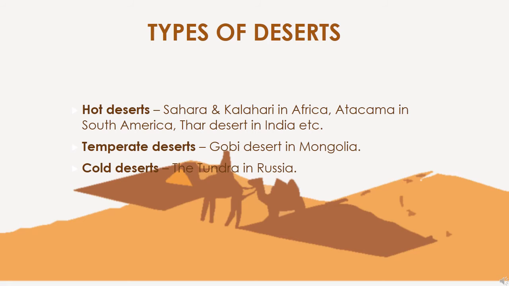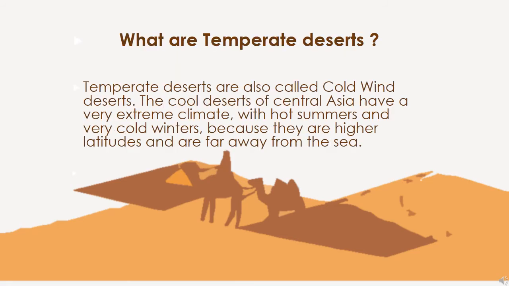Now let us understand what is the meaning of temperate desert. What are temperate deserts? Children, temperate deserts are also called the cold wind deserts. The cool deserts of Central Asia have a very extreme climate with hot summers and very cold winters because they are at higher latitudes and are far away from the sea.